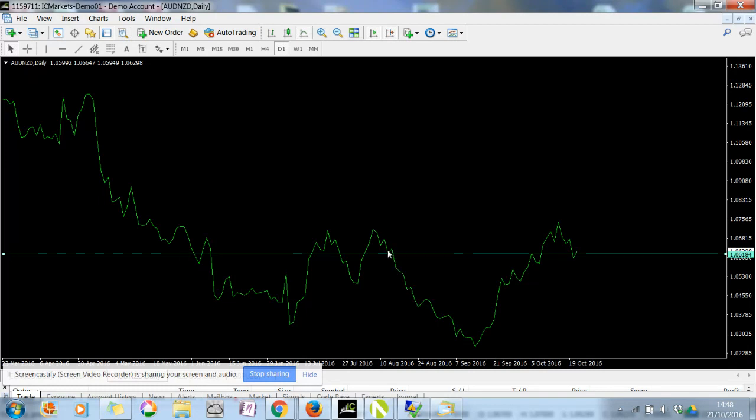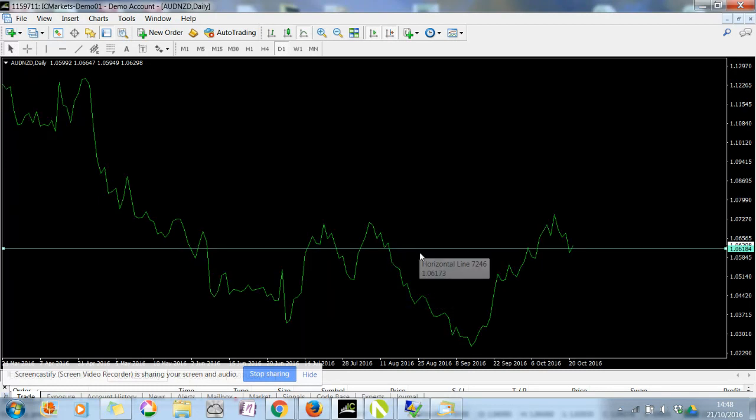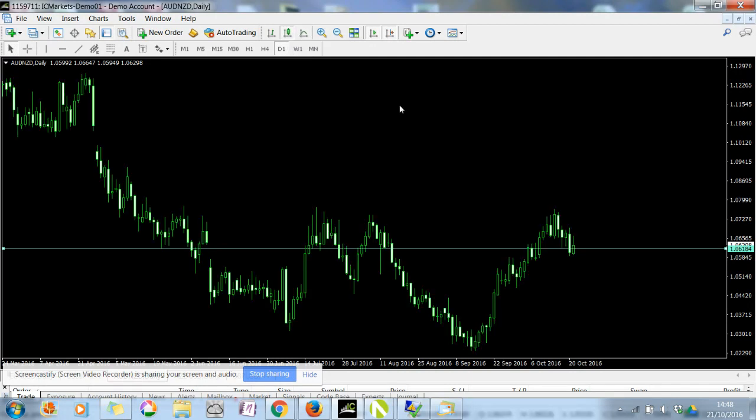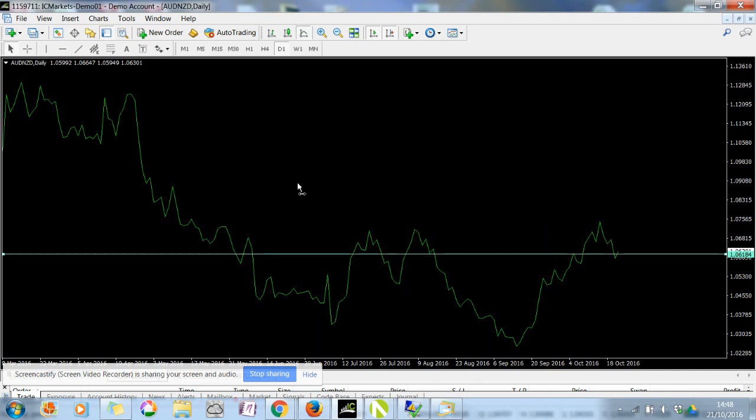When you see a line like that, that can be a good place that it could stop. And it did. They call this a pullback, where it comes back a bit and then it goes on its merry way. So you get pullbacks. So it's looking for those lines.